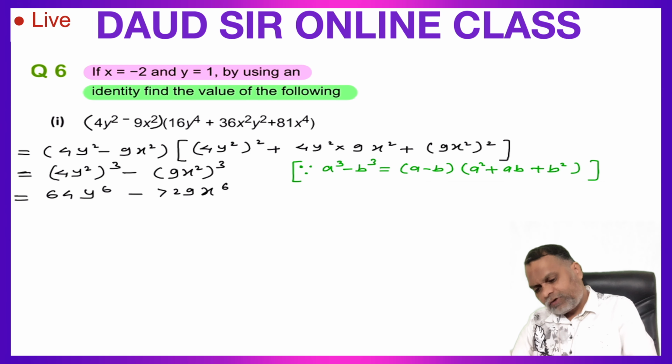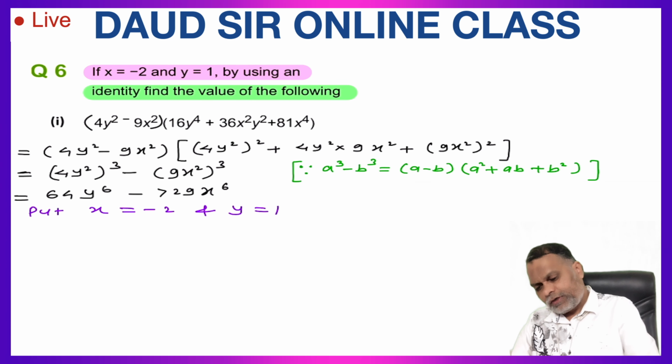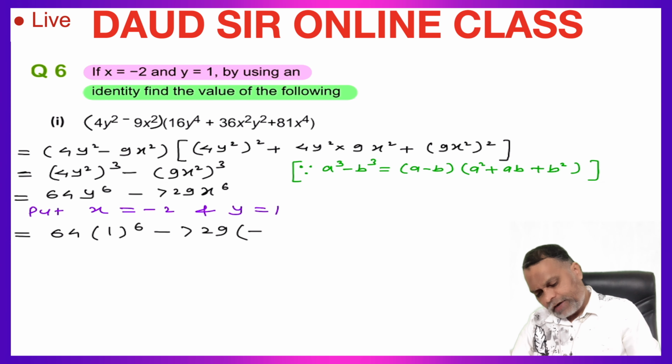Now we can substitute the values of x and y. Put x is equal to minus 2 and y is equal to 1. So which is equal to 64 y raised to the power 6, y is 1 raised to the power 6, minus 729 into x is minus 2 whole raised to the power 6.